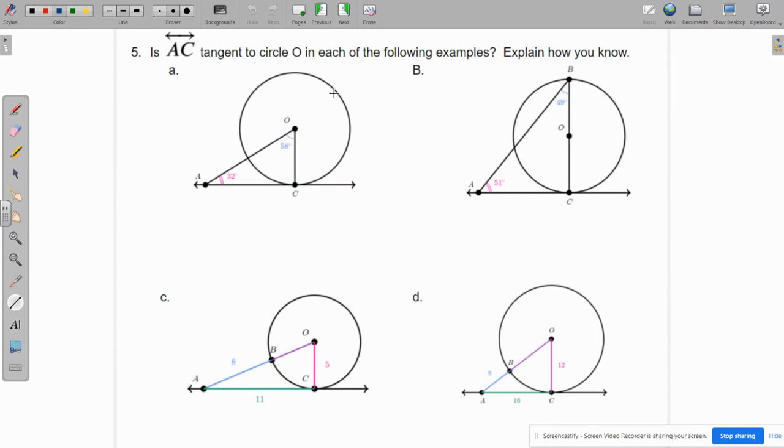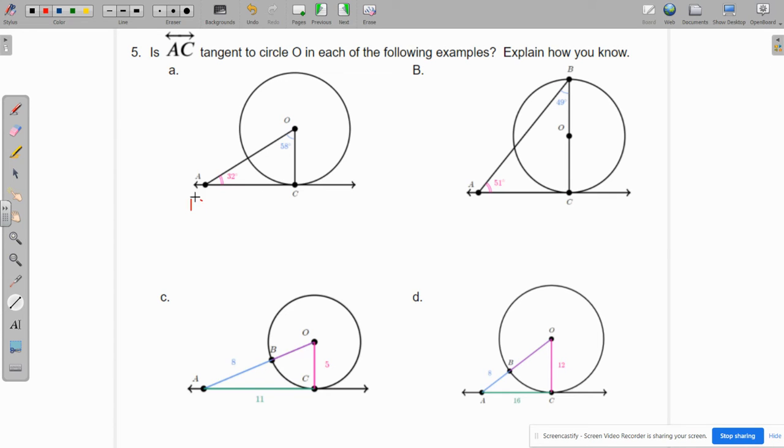And because of that, we can now start to test to determine if a line is actually tangent to the circle. So in number 5, we're being asked, is line AC tangent to circle O in each of the following? Explain how you know. So really what we're asking is, is this angle here a right angle? So we have two angles of the 3 given. We know that all 3 angles in a triangle should add up to 180.